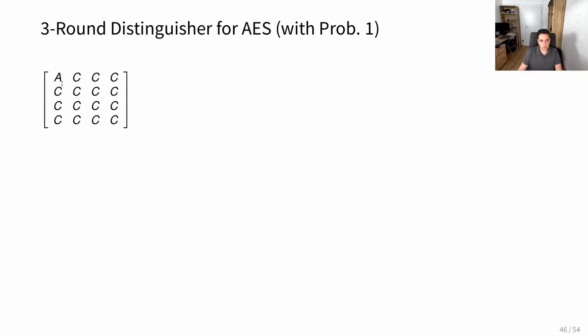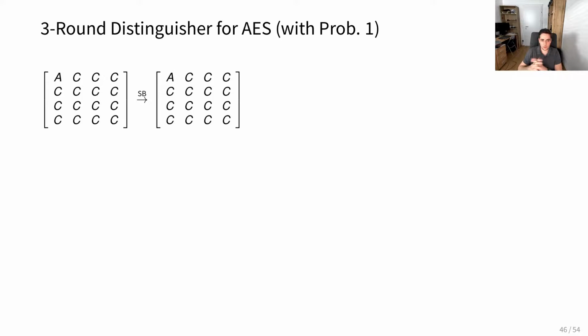Well, we start again with this familiar representation where we have the active byte, which assumes all possible values, and some constant bytes. It doesn't matter what the values here are, but they're the same for all of the 256 plaintexts. We apply these operations to all of the 256 plaintexts.